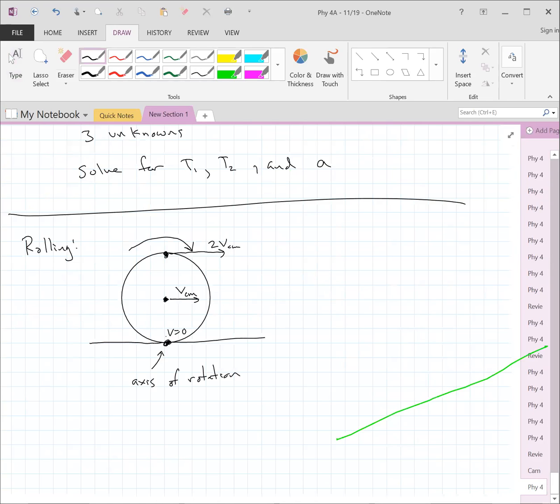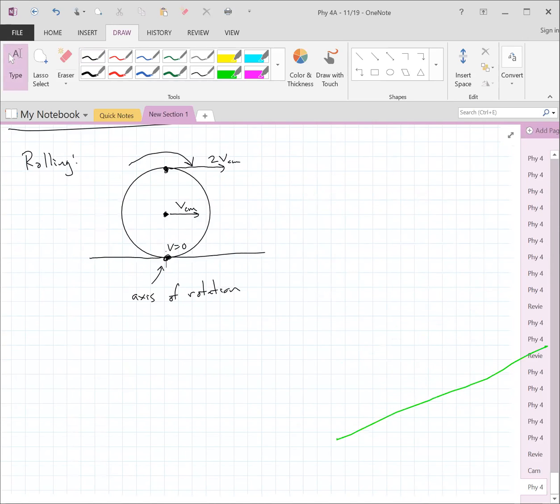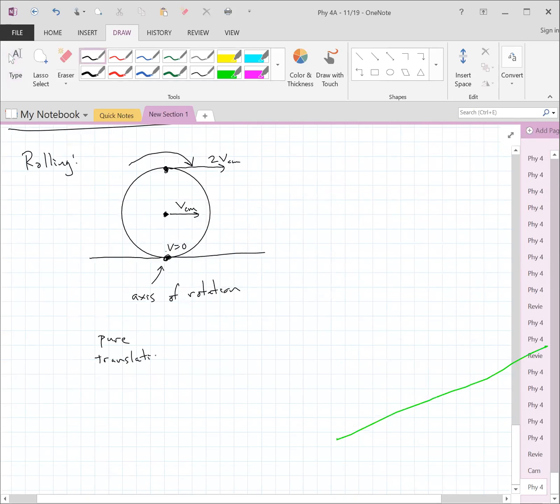So what we're going to do is think about what's happening when something is just rotating and what happens when something is just moving, just translating. So let's start with the easy one, it's pure translation. So we have a circle.